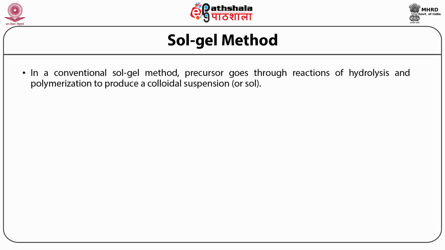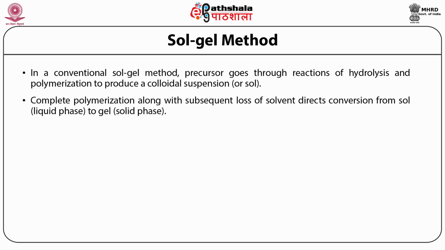In a conventional sol-gel method, the precursor goes through reactions of hydrolysis and polymerization to produce a colloidal suspension, or we can say a sol. Complete polymerization along with subsequent loss of solvent directs conversion from sol, that is the liquid phase, to gel, which is in the solid phase.